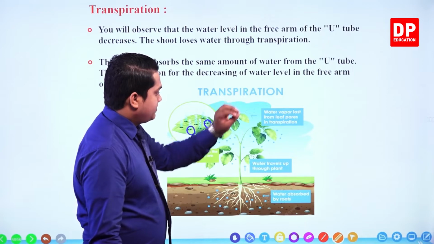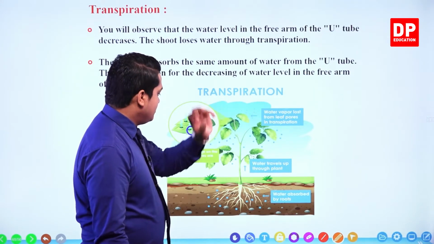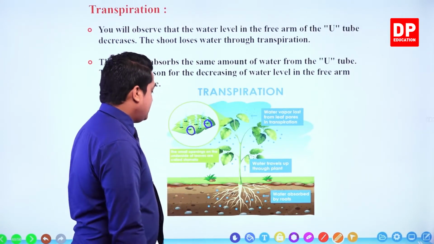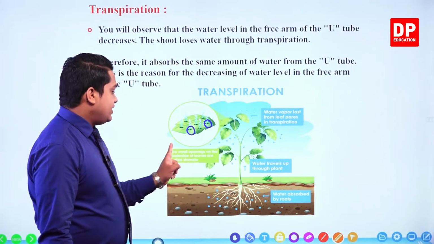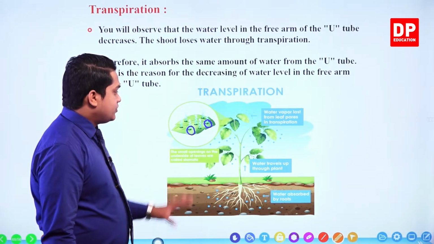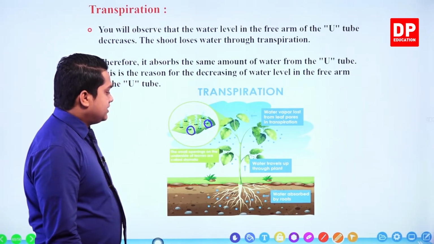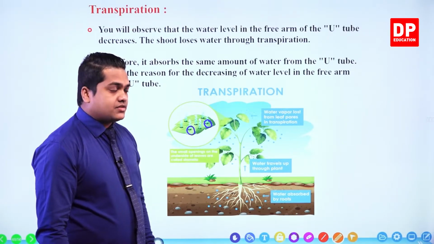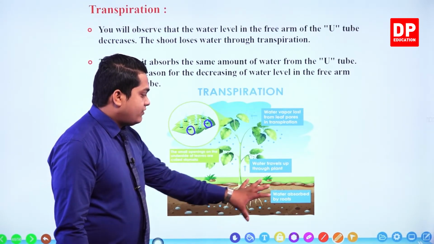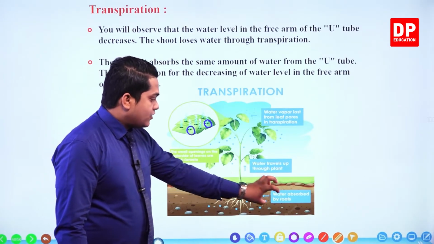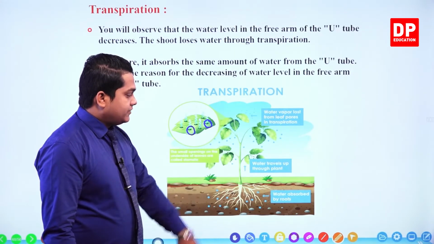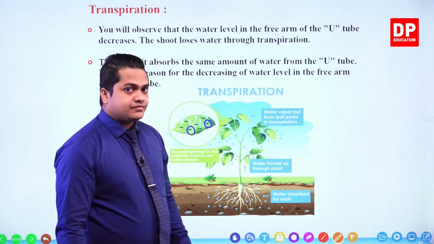So by transpiration, water vapor is released to the environment. The small openings on the underside of the leaves are called the stomata. You can observe the stomata here. These are small openings contained within the leaf. You know that water absorbed by the plant roots is transported towards the upper parts of the plant body.